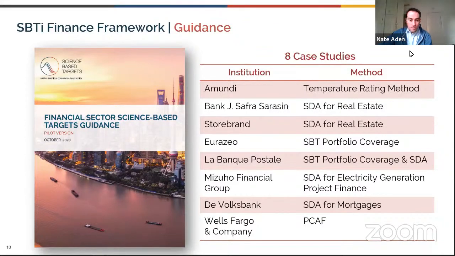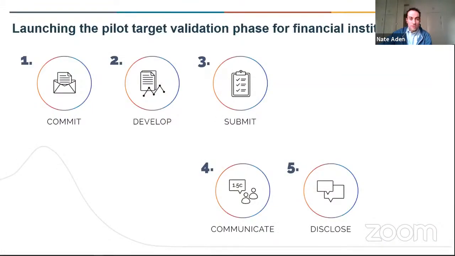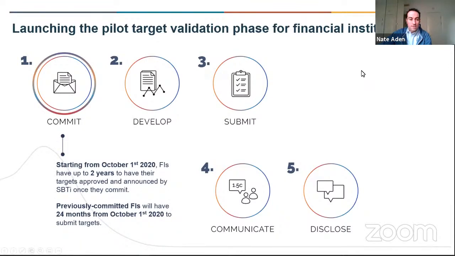And then finally, the point of all of this is to have target submissions from the financial institutions. So the first step is to commit and to send a commitment letter, and that period starts this month. And so we've already gotten some inquiries there. The next is to develop the target and then to submit it to the Science-Based Targets Initiative.